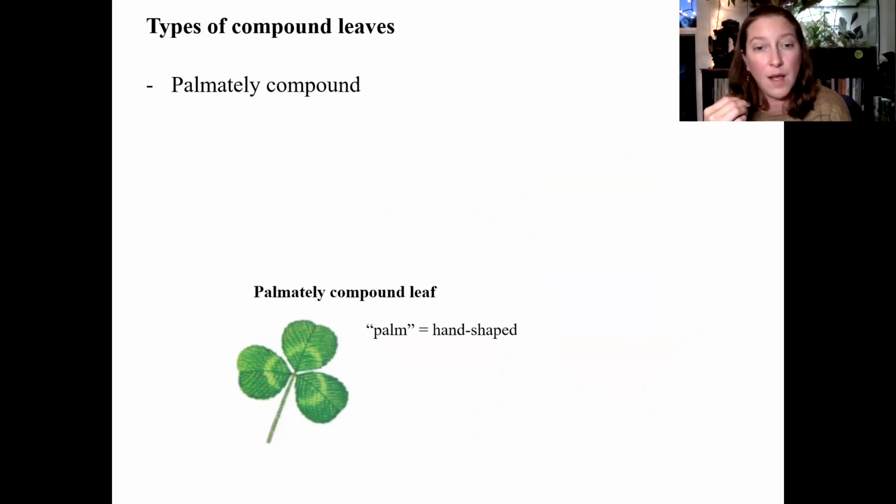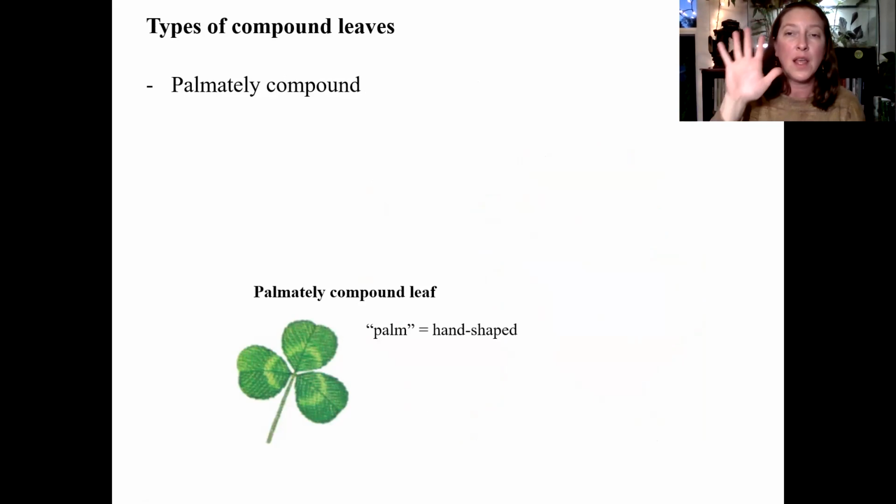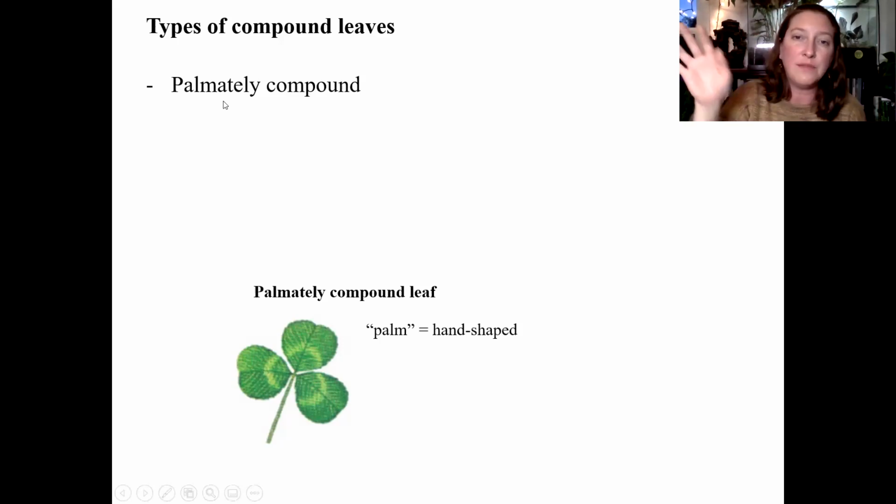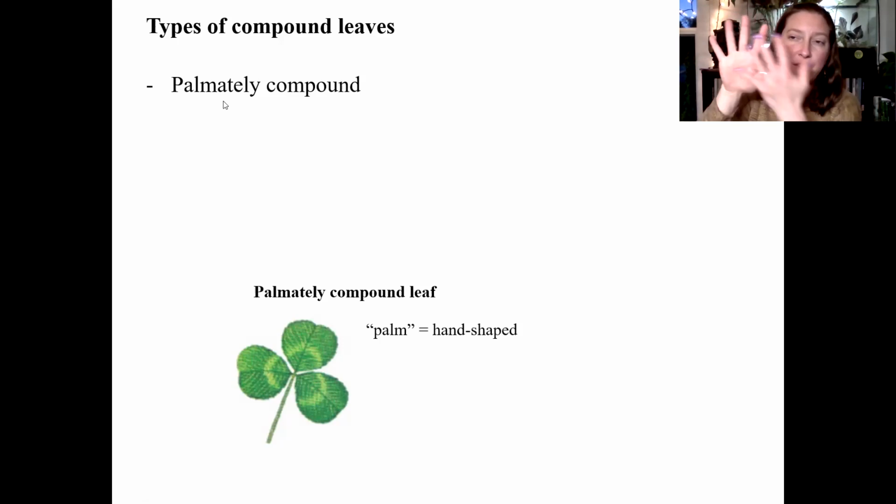There are different ways to describe the different types of compound leaves. This one we could say is a palmately compound leaf, because basically the leaflets, that's what we call those little leaves there, they all come from the same spot, kind of like how my fingers come from one hand.